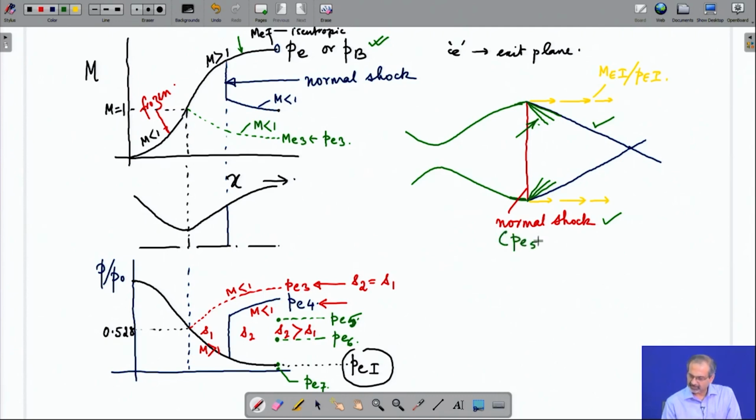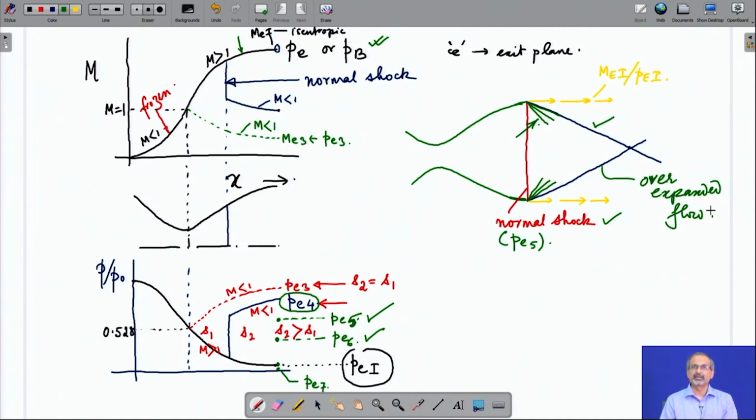This is the PE5 case, where the exit pressure is slightly lower than the PE4 case. So, that the normal shock does not form inside the diverging part of the CD nozzle, but rather moves to the exit plane. So, that is PE5. What is PE6? We say it is an over expanded case, over expanded flow.